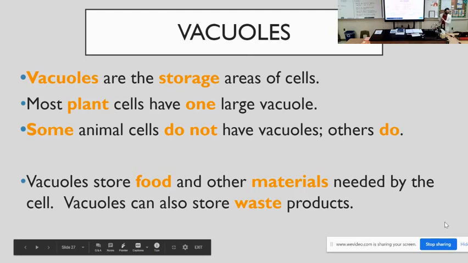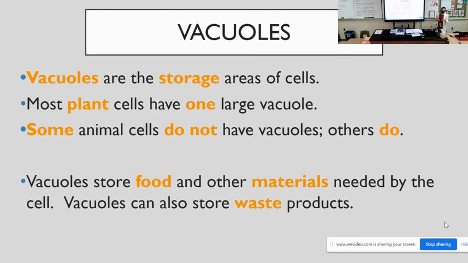All right, our next organelle is a vacuole, which is essentially just a big storage area of cells. So most plant cells just have one large vacuole, which they call the central vacuole. And then there are some plant cells that don't have any vacuoles, but most do, or animal cells that don't have vacuoles, but others do.